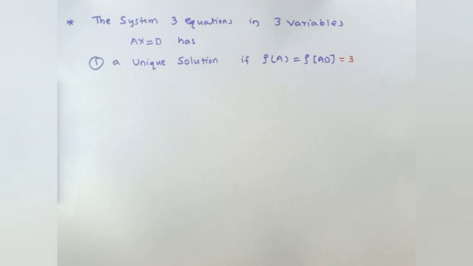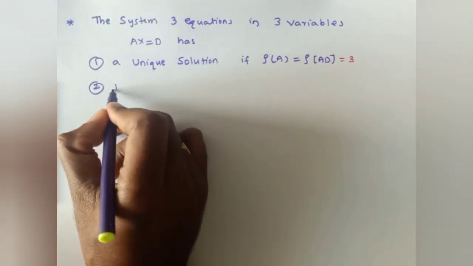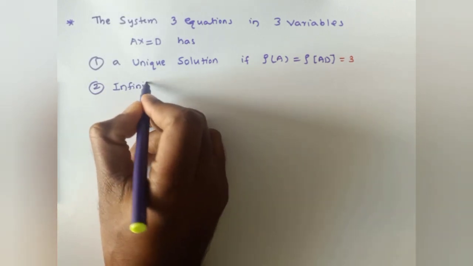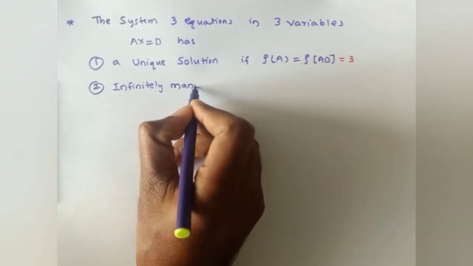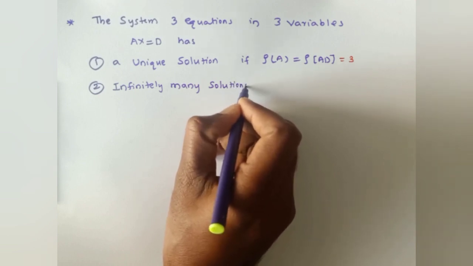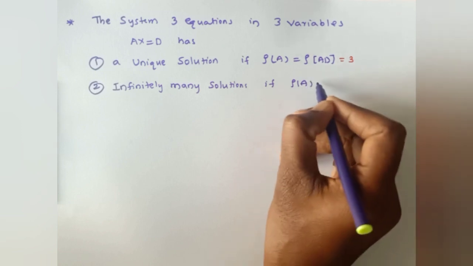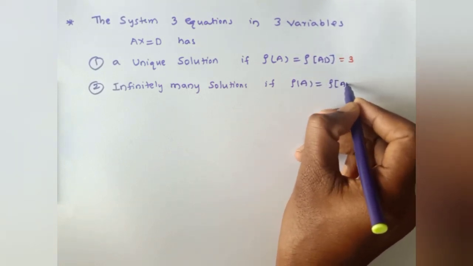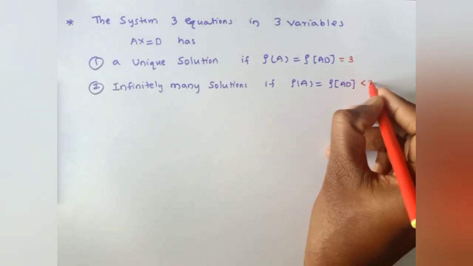Then the second one: the system has infinitely many solutions if the rank of A is equal to the rank of AD, but less than 3.